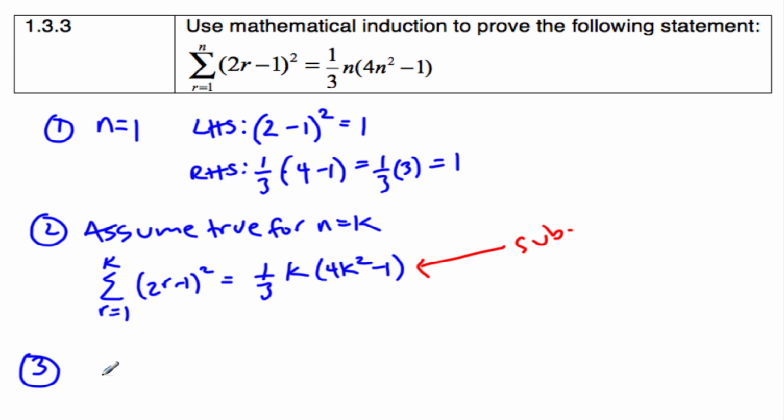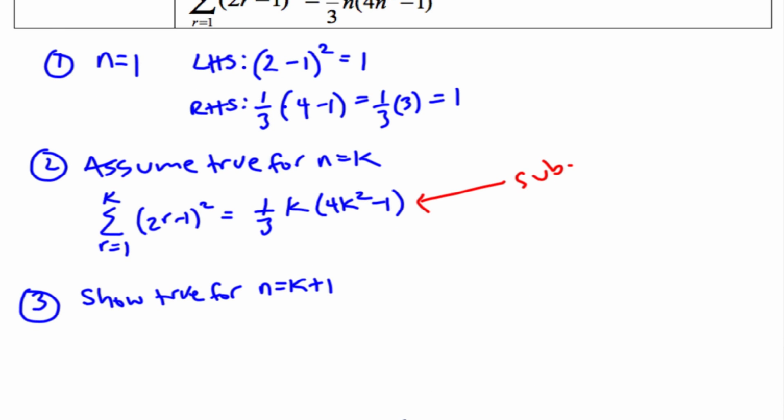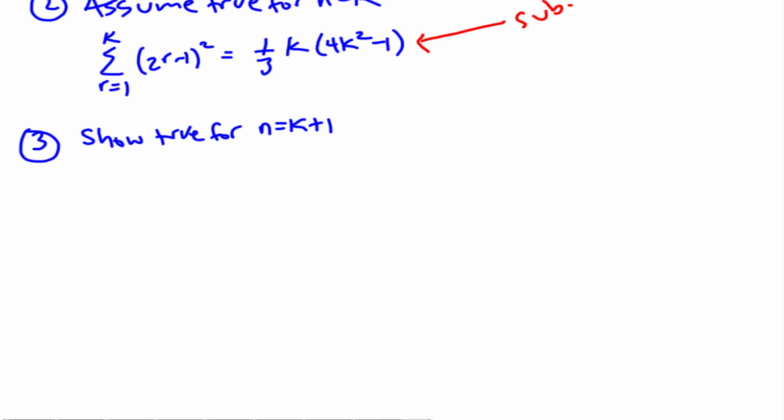And step 3, show true for n equals k plus 1. So now what we have here is the sum to k plus 1, r equals 1, of 2r minus 1 squared. This should be 1/3, so we're adding one more term onto this.